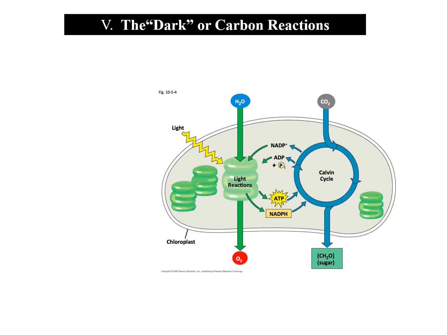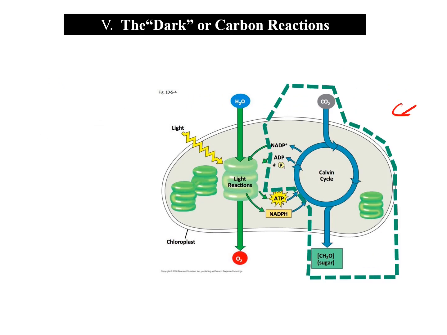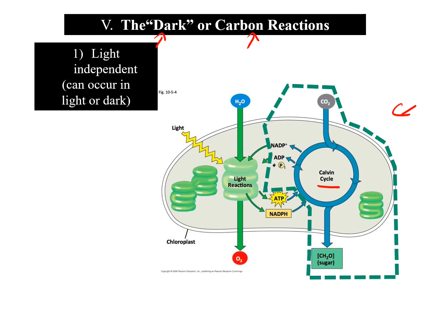In this slide, I want to use again this schematic of your textbook to talk now about the Calvin cycle reactions, which are also called dark or carbon reactions. And there are 5 things that I want you to remember. The first thing is that the Calvin cycle reactions are light independent. They can occur in light or dark.